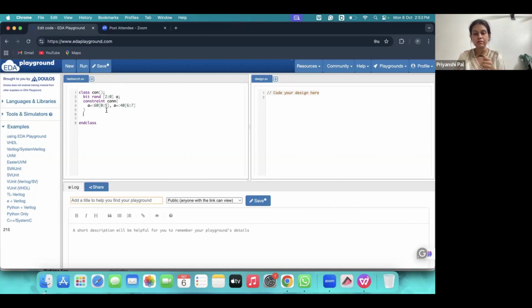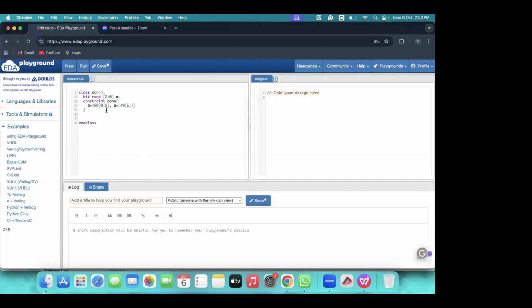There's a special symbol. I can't recall it right now.